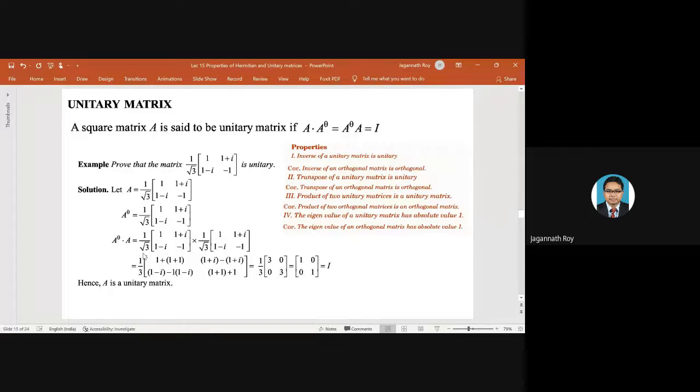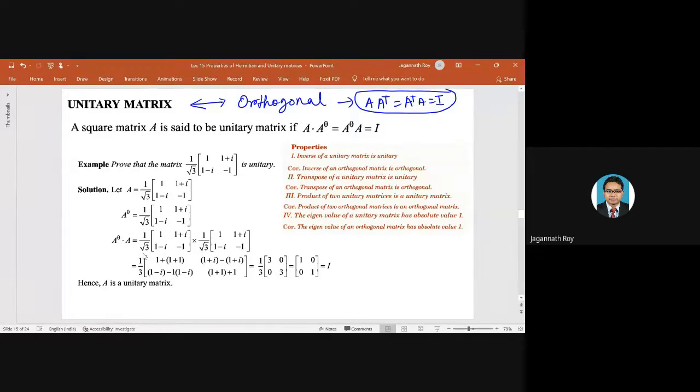Now, the parallel concept that we had is orthogonal. For an orthogonal matrix, we have seen A transpose A equals A A transpose equals I. With that notation and concept, we define a similar concept called a unitary matrix for complex matrices.